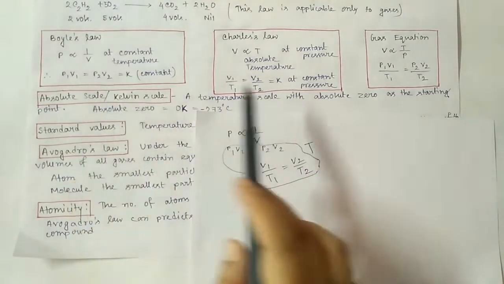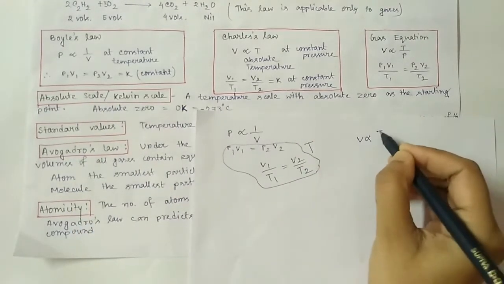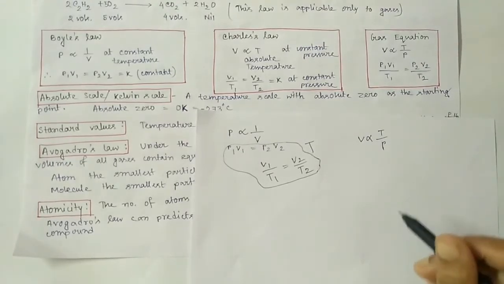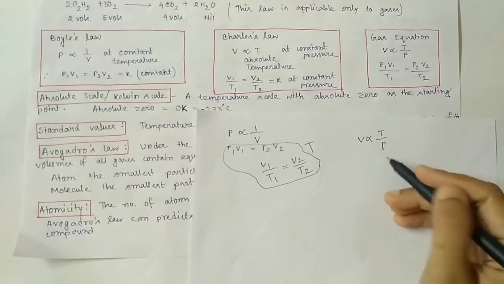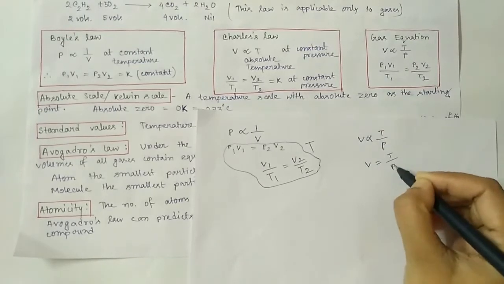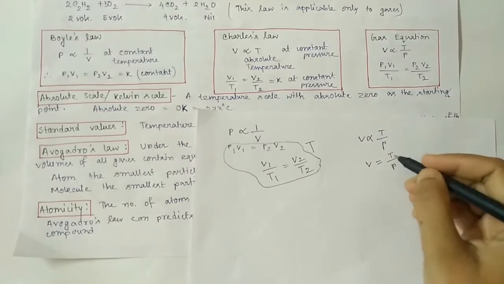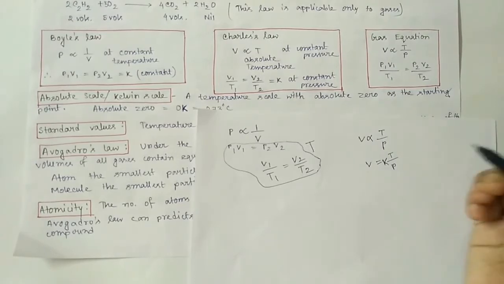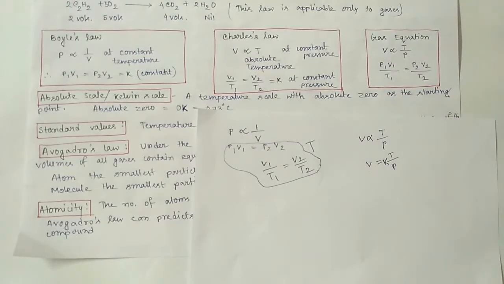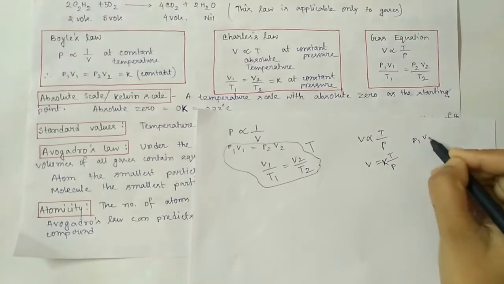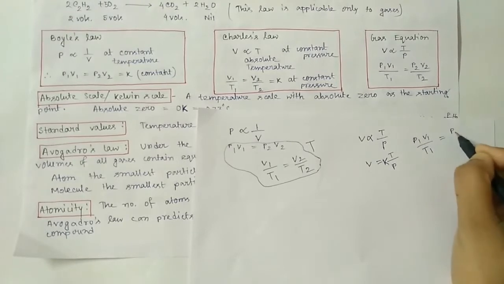If we combine the two equations, we can say that V is proportional to T by P. To remove the proportionality sign, we can say that V is equal to KT by P. If for a given mass of gas the pressure, volume and temperature change from P1, V1, T1 to P2, V2, T2, then according to this gas equation, which is a combination of the two laws, Boyle's and Charles', P1V1 by T1 is equal to P2V2 by T2.